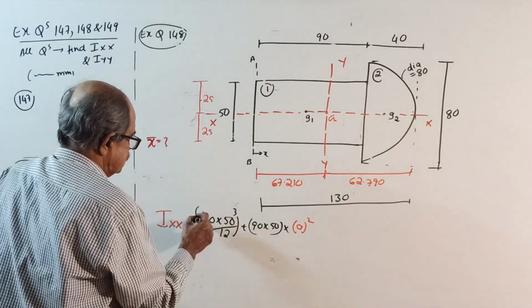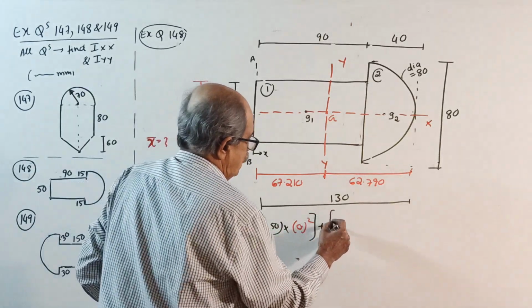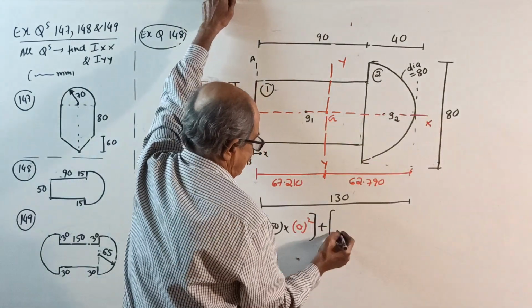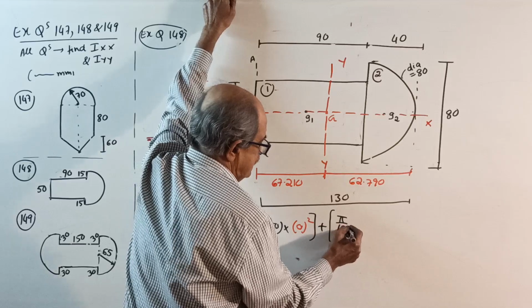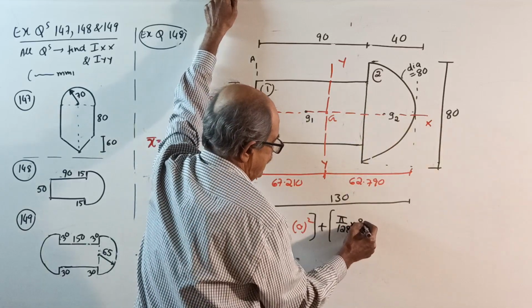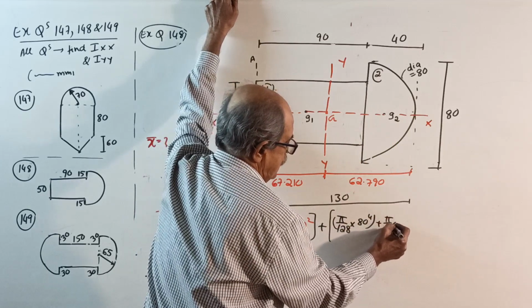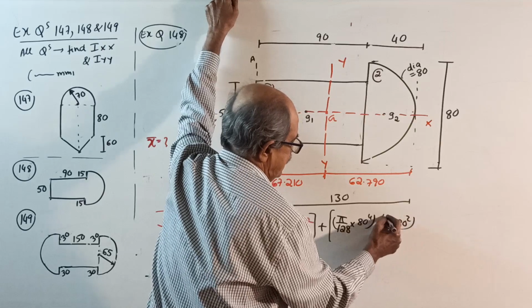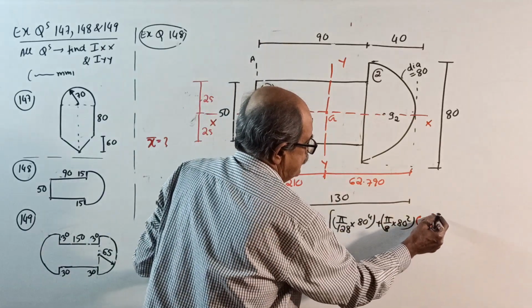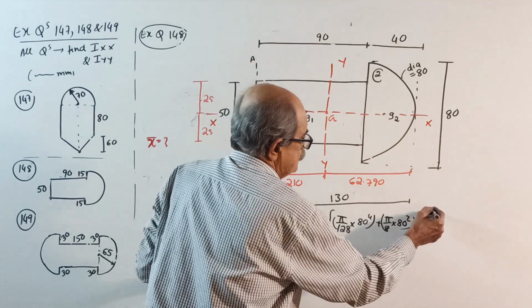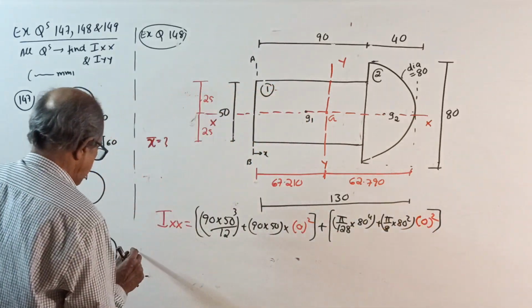That is for first one. Second one, I about own axis. Pi by 128 into diameter 80 power 4 Ig plus pi by 8 of 80 square is the area into once again 0 square over IXX over IYY.